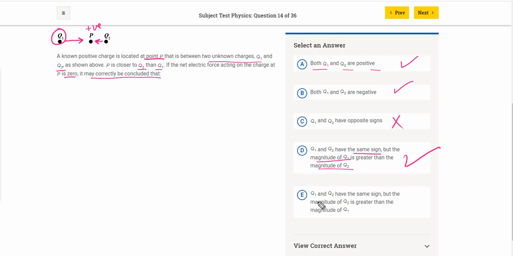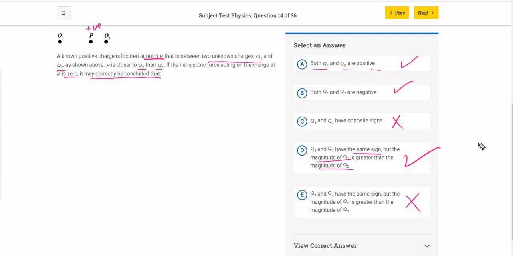Let's see the last one. It says Q1 and Q2 have the same sign, but the magnitude of Q2 is greater than the magnitude of Q1. That's wrong, because if the magnitude of Q2 is greater than the magnitude of Q1, then Q2 would be pushing more as compared to Q1, and P should be here in that case. But that's not possible. That's not the case over here. So this will not be our option.